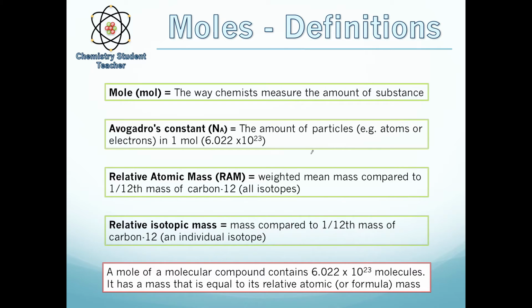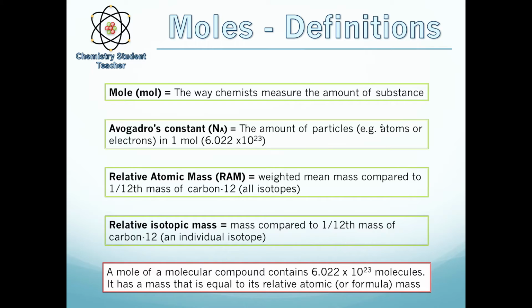First of all, we just need to look at a couple of definitions. So Avogadro's constant is the amount of particles in 1 mole, which happens to have the number of 6.022 times 10 to the power of 23, which is a lot of atoms. Now you know why they use moles. The relative atomic mass is the weighted mean mass compared to 1/12 the mass of carbon-12.